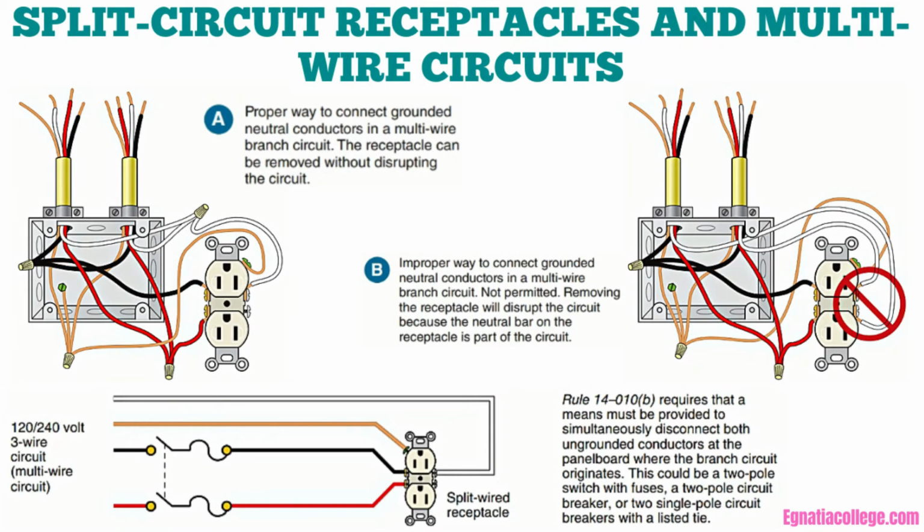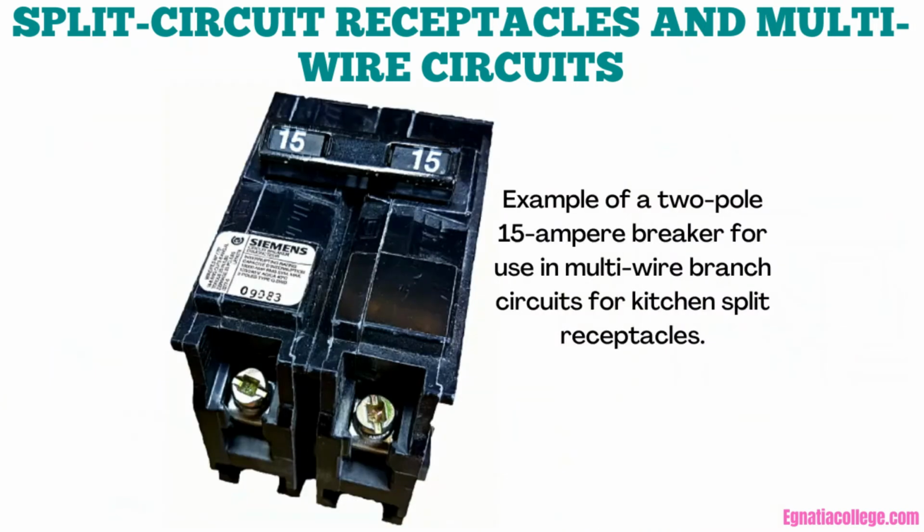2. Split-circuit receptacles and multi-wire circuits. Split-wired receptacles may be installed where a heavy concentration of plug-in load is anticipated, in which case each half of the duplex receptacle is connected to a separate circuit. An example of a 2-pole 15-ampere breaker that feeds a 3-wire branch circuit for use with kitchen split receptacles is found in this figure.